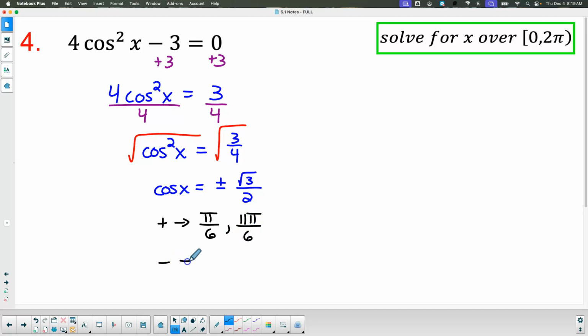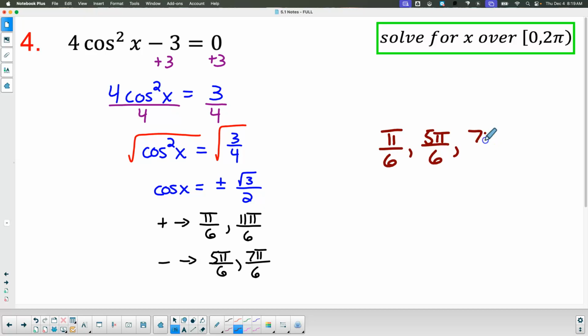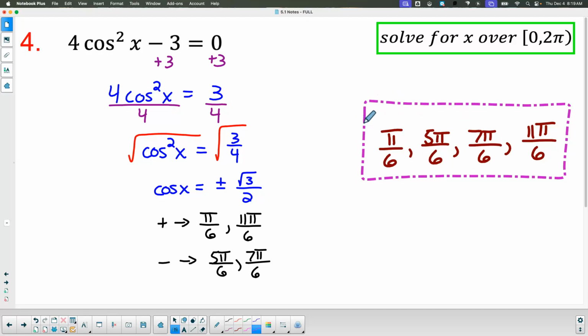Cosine is equal to negative square root 3/2, where? 5 pi over 6 and 7 pi over 6. So in order, we got that.